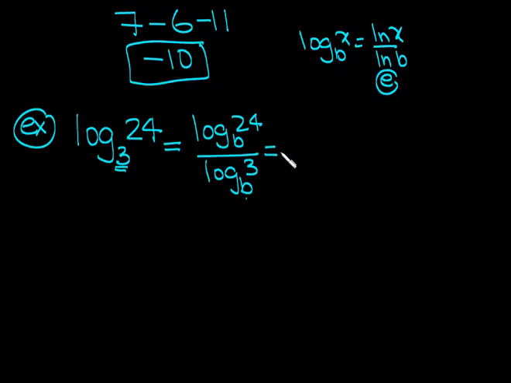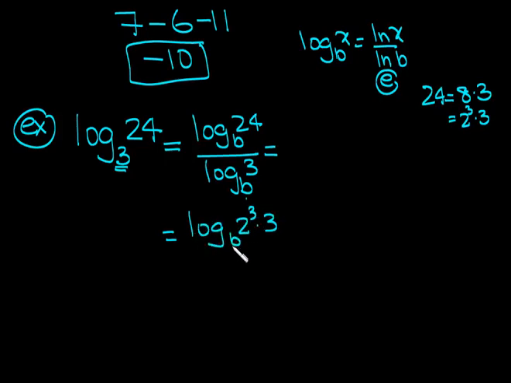Now 24 can be written as what? 24 can be in terms of 2, 3, and 5. It is what? 8 times 3, and 8 is what? 2 cubed times 3. So let's do that. So I get log of 2 cubed times 3 base b over 7, because log of 3 base b is that. And then on the top I can use the product property.